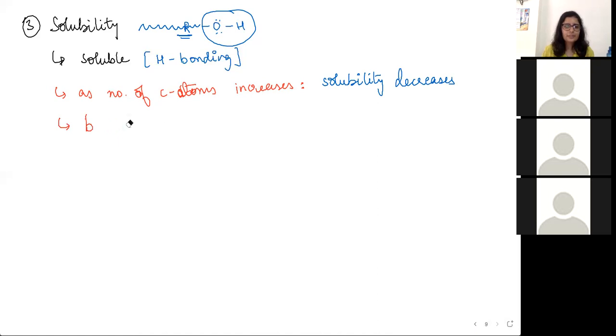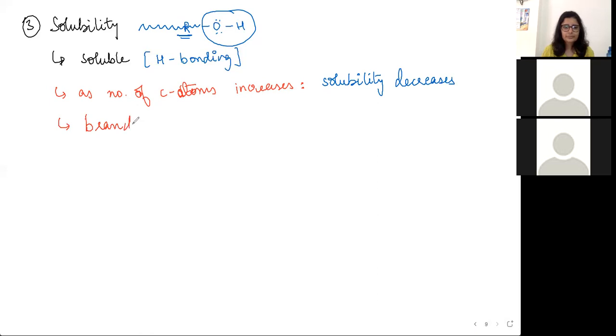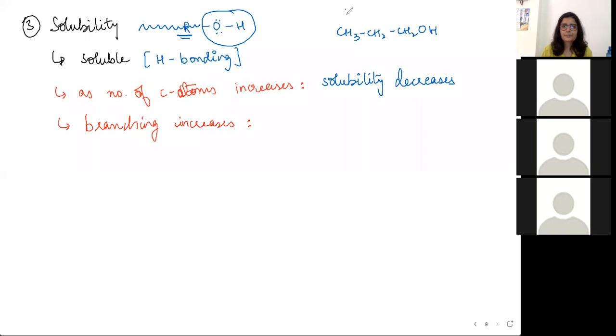So within isomers, what is the solubility with branching? Let's say we have a straight chain, CH3CH2CH2OH, and a branched chain, CH3CHOHCH3. Between these two molecules.